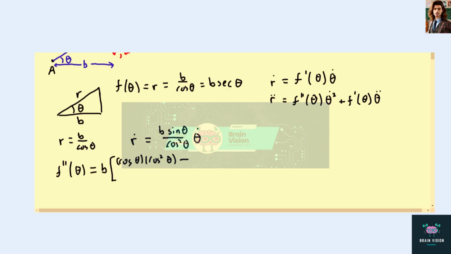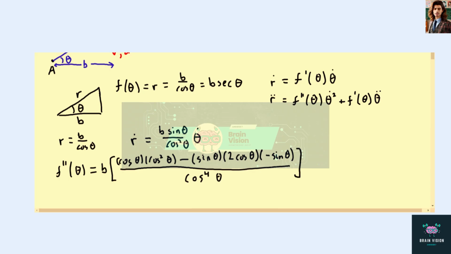Then subtracting derivatives, we'll have a sine theta and a 2 cosine theta and a minus sine theta. Okay, all of that is our numerator, and our denominator is going to be that cosine to the 4th theta.